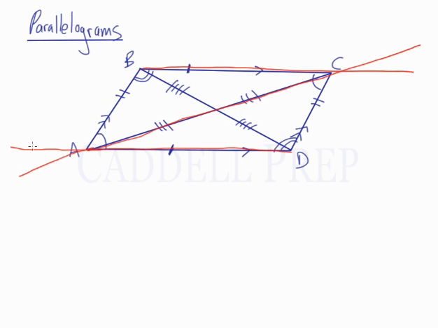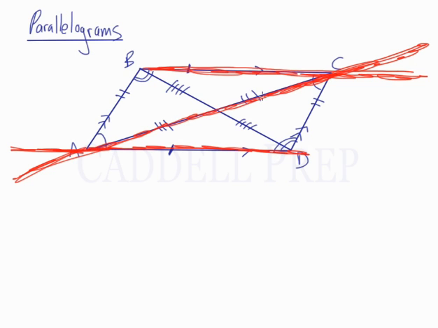So I'll make this a little bit darker. Here's a parallel line. Here's a parallel line. And it's intersected by this transversal. And we know that there's a relationship that happens with the angles. So we get that this angle is congruent to this angle, and it's congruent to this angle, and congruent to this angle.